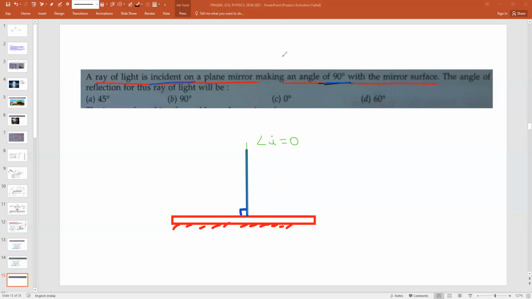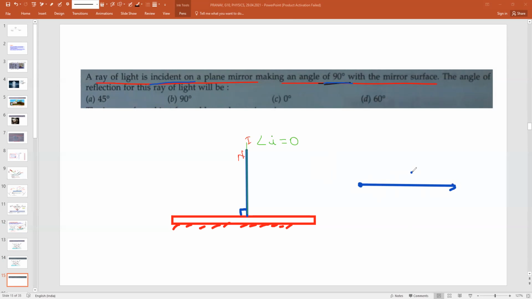If the normal and the incident ray are the same, how much angle will it make? Listen to me. This is one line. And if I draw another line on it, like this, how much angle has it created?